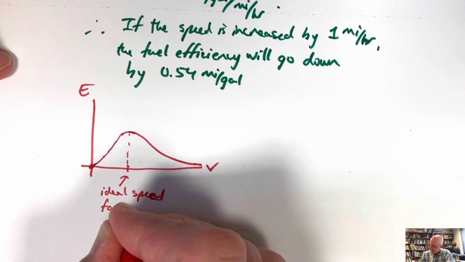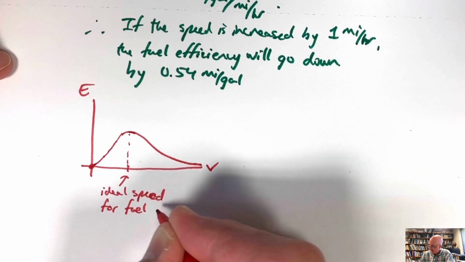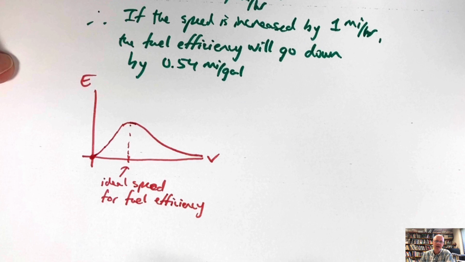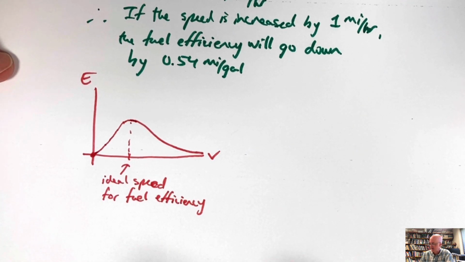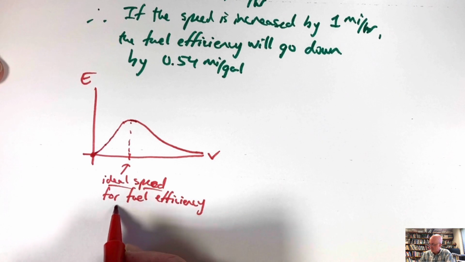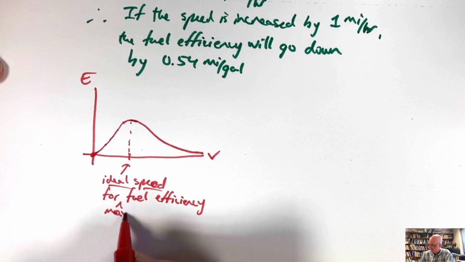That might not be a practical speed on the freeway, right? It might be too slow, and people would be honking at you and that kind of thing. Also, if it's too slow, it increases the time it takes you to get there, and that could ultimately still mean you use more gallons. But as far as miles per gallon goes, that's your ideal speed for maximal fuel efficiency.